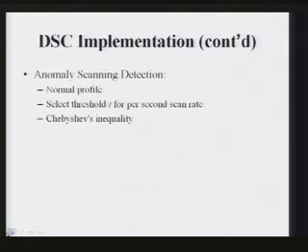And then for the anomaly scanning detection, obviously you need to build a profile to say what the normal scanning rate is. So essentially we use the Chebyshev inequality, where T is the threshold, to bound the probability that an observed instance, let's say the scanning rate, is very different from the mean.